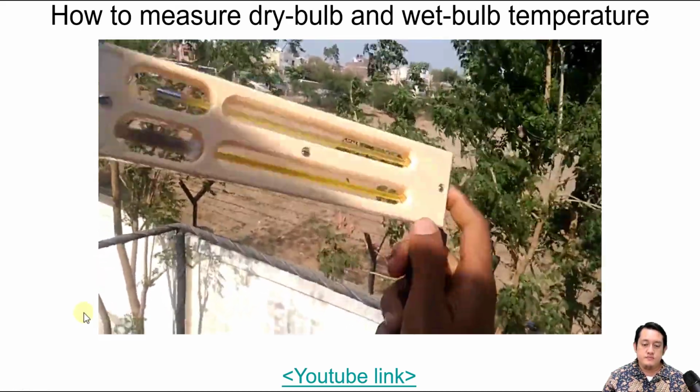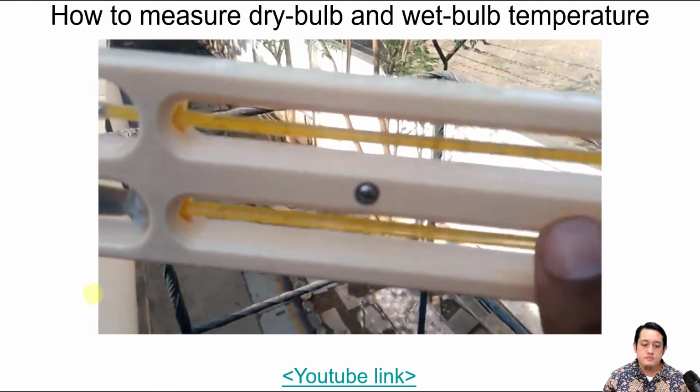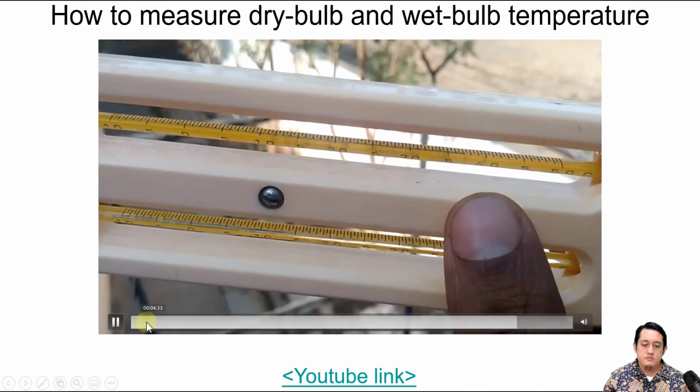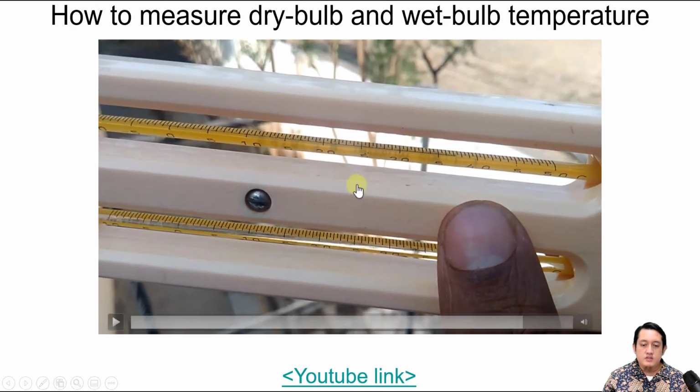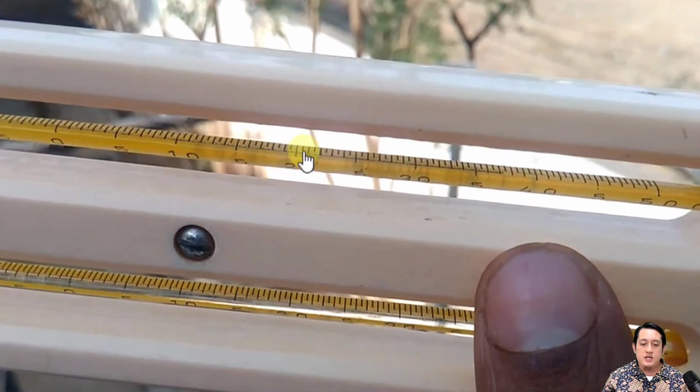After 1 minute, we stop swinging and we get the dry bulb temperature. As you can see, this is the reading: 10 degrees, 20 degrees, 30 degrees. Wow, 35, 36, 37. So in India, on this day, it is 37 degrees Celsius.